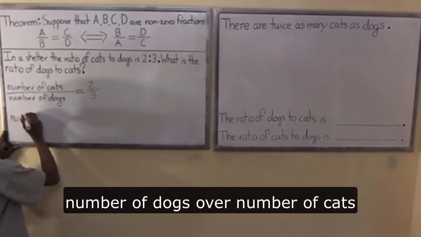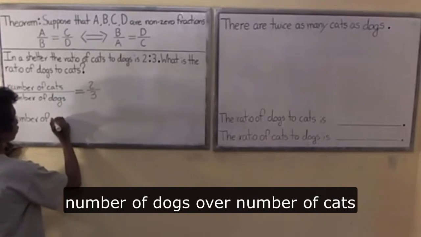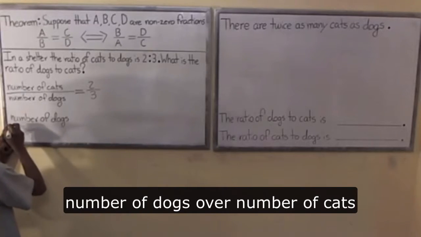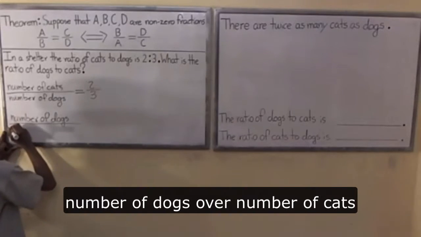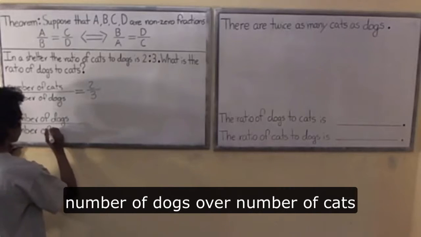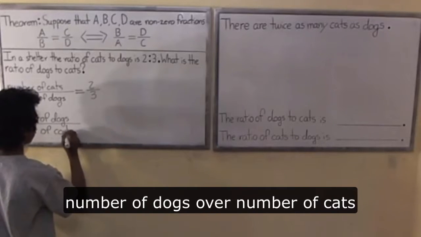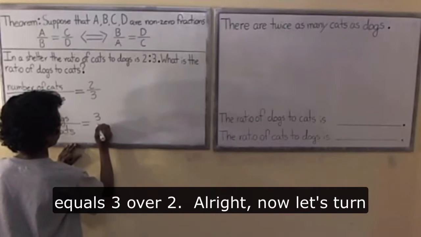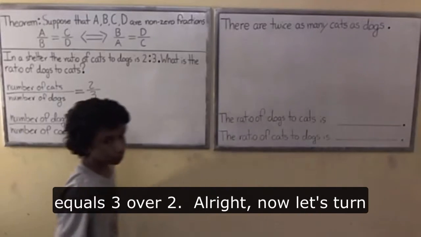Number of dogs over number of cats equals 3 over 2.